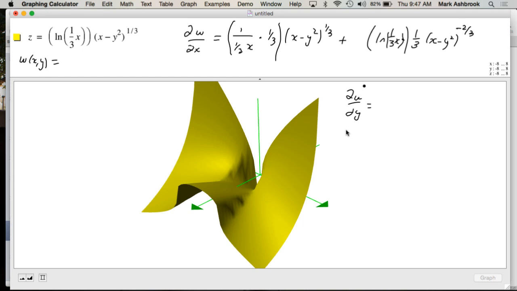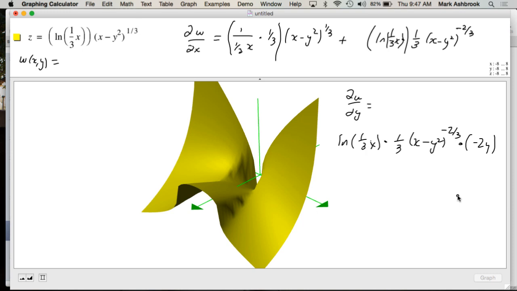So this is going to be ln of 1/3 x, hold on to the constant, times 1/3 times x minus y squared to the negative 2/3, times negative 2y. Done.